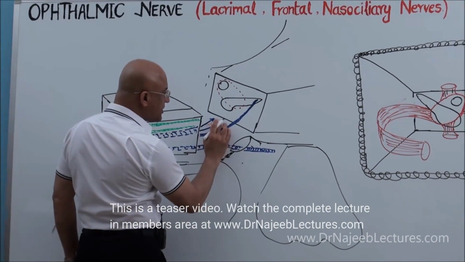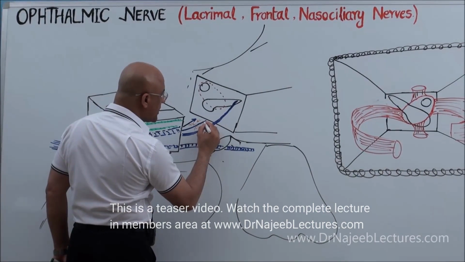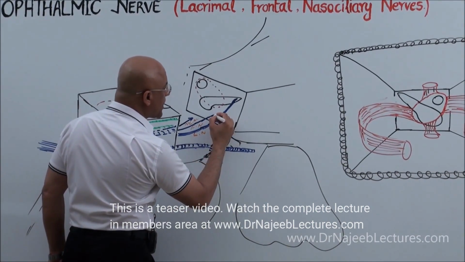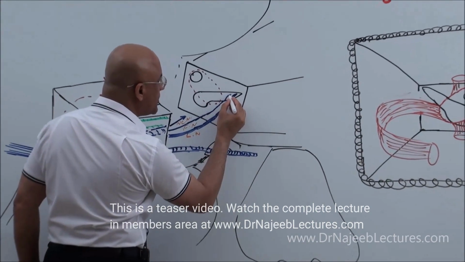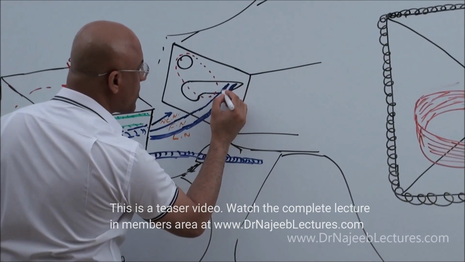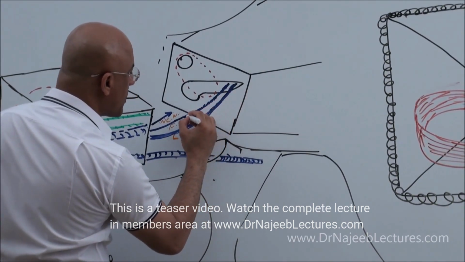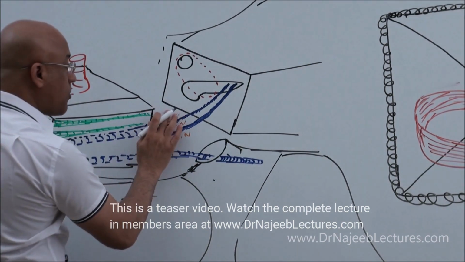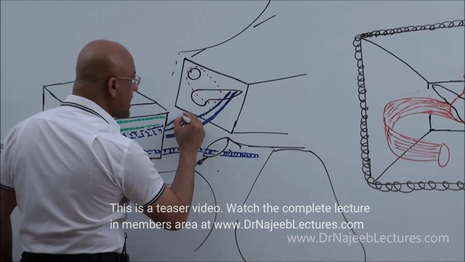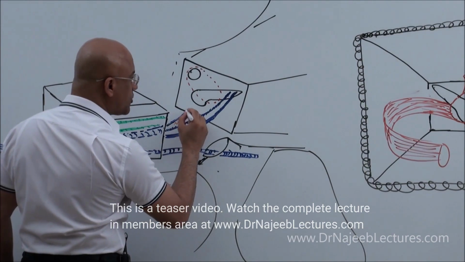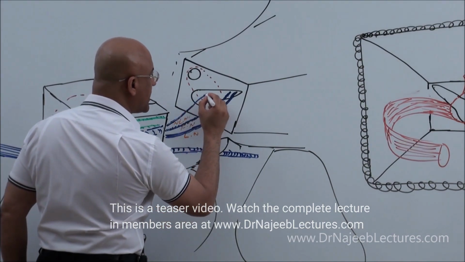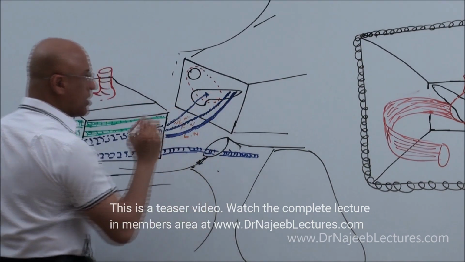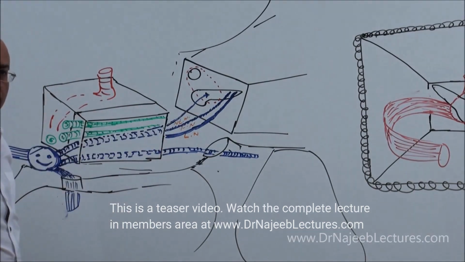Then we come to, what is this? Frontal nerve, right? This also enters, yes, what is this? Outside the common tendinous ring. But the point which you need to know is that, what is this? Nasociliary branch, this enters, yes, through the tendinous part.